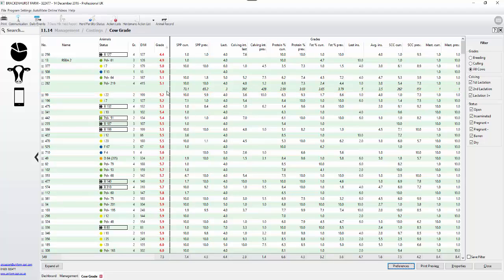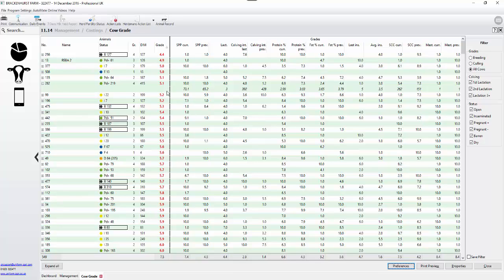And that's really important because it doesn't mean we're going to actually get rid of the cow today because she's producing a lot of milk. But what we're saying here is that the economic viability of this animal, how long she's going to remain in the herd, is not looking good, even if we say that production is the most important area.